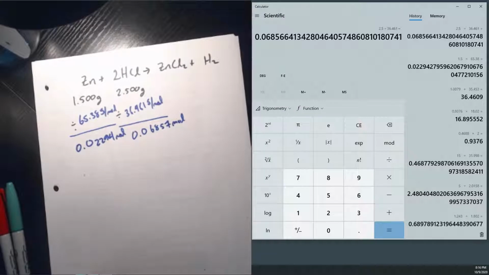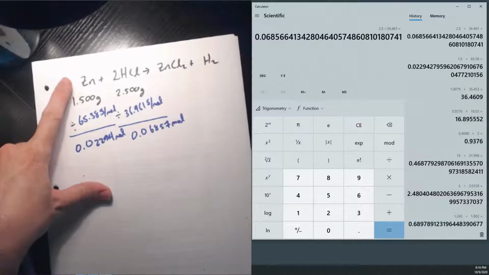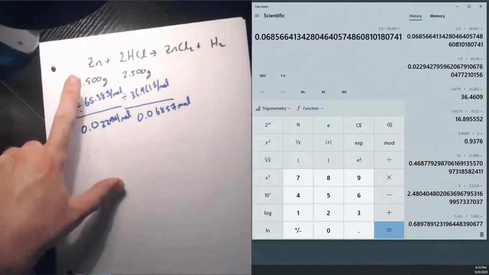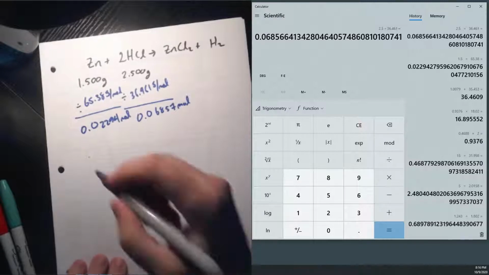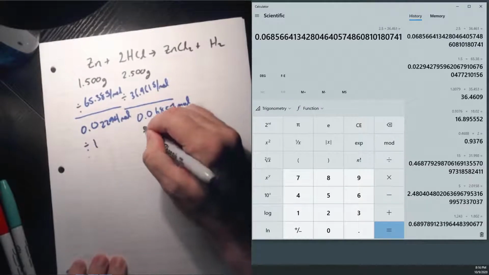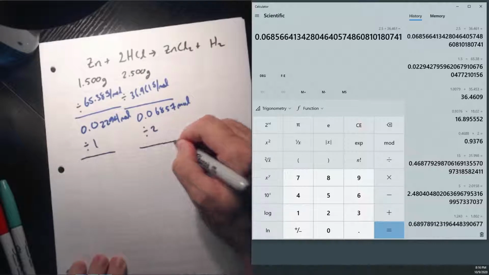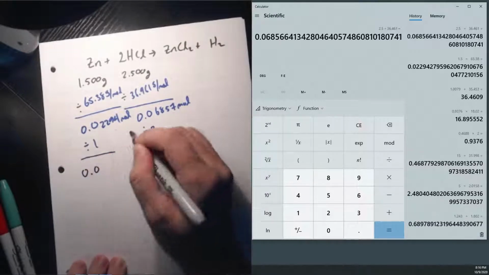And we're still not done. Oops. Okay, that wasn't the cat, that was me. All right. Because now that we know how many moles of each we have, we need to compare them in terms of the reaction, not just in terms of moles. So divide this one by 1, divide this one by 2. This number is not going to change.